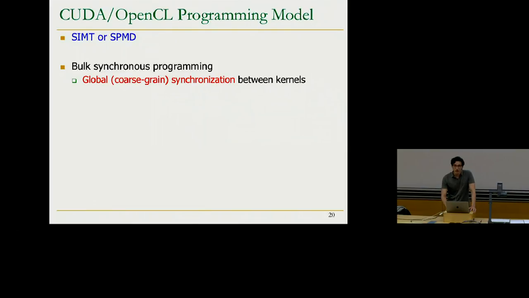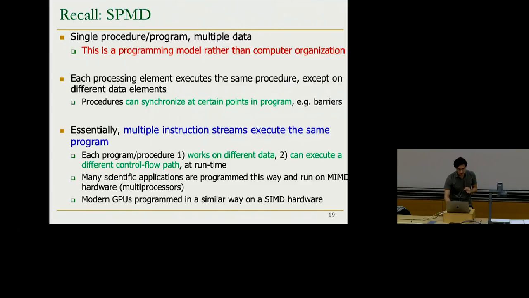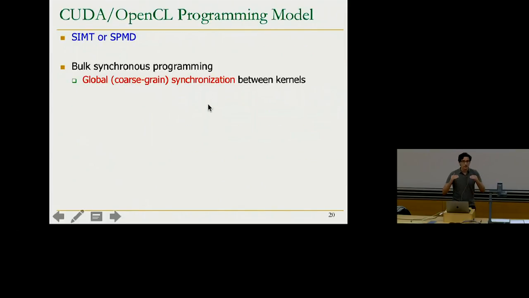And both, we say that they are bulk synchronous programming models. Why are they bulk synchronous? Because we can only synchronize at certain points, as the previous slide said. So what are these certain points? They are between kernels.